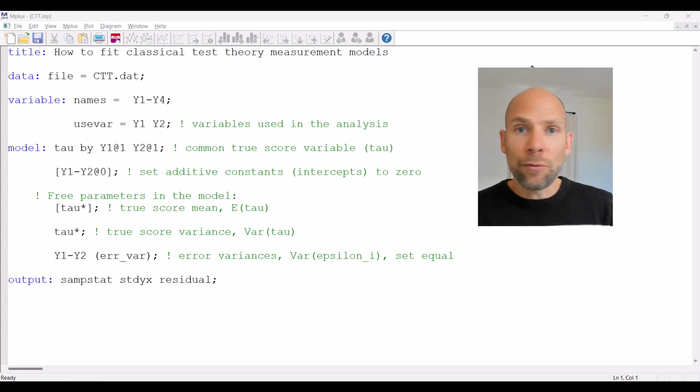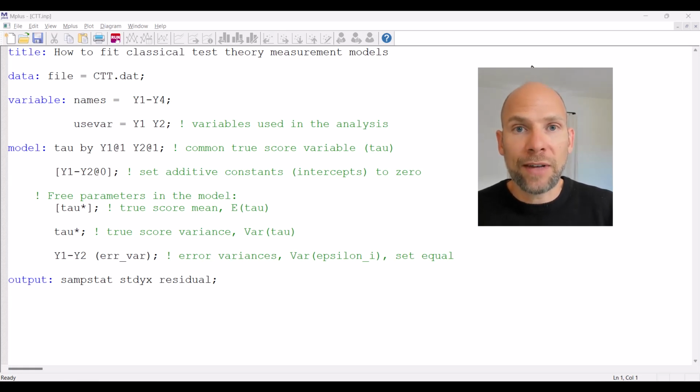And so really any program that can do confirmatory factor analysis will allow you to do this, including point-and-click software such as JASP, for example, could also be used at least for certain types of factor analytic models.